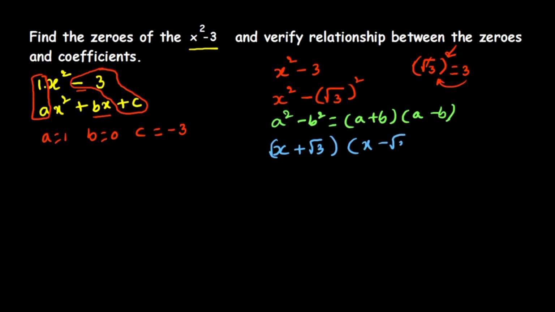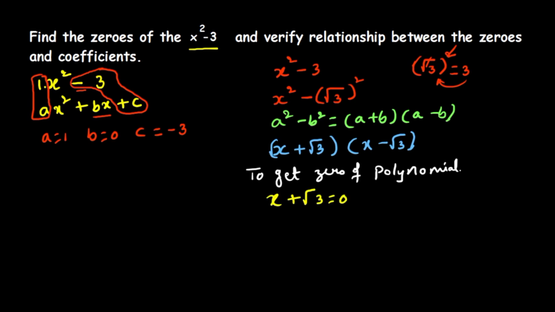So as usual, to get the zeros of the polynomial, we take x plus root 3 equal to 0.